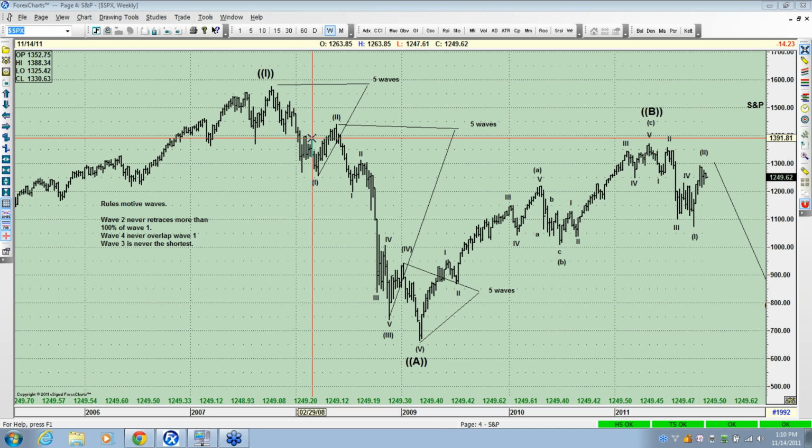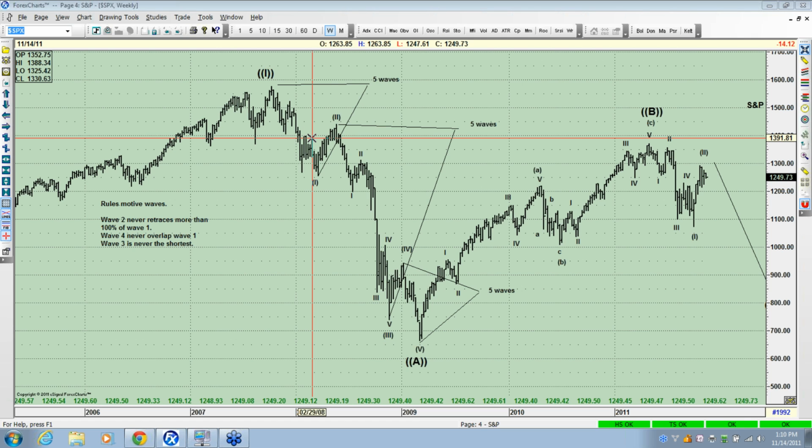Only in the subdivision of the ABC can you see the Motive Wave happen against the trend, but at the end of the day, it's going to revert to the trend. So the trend and the Motive Wave, most of the time, are friends. That's how I understand it.